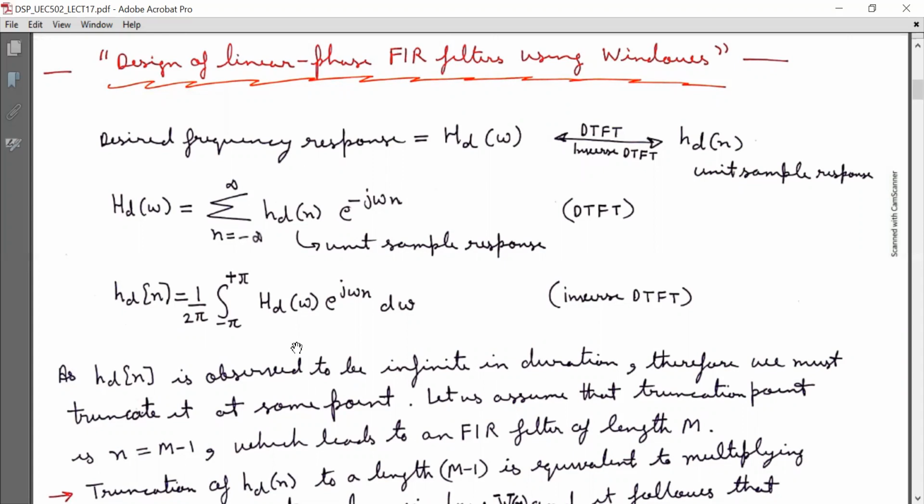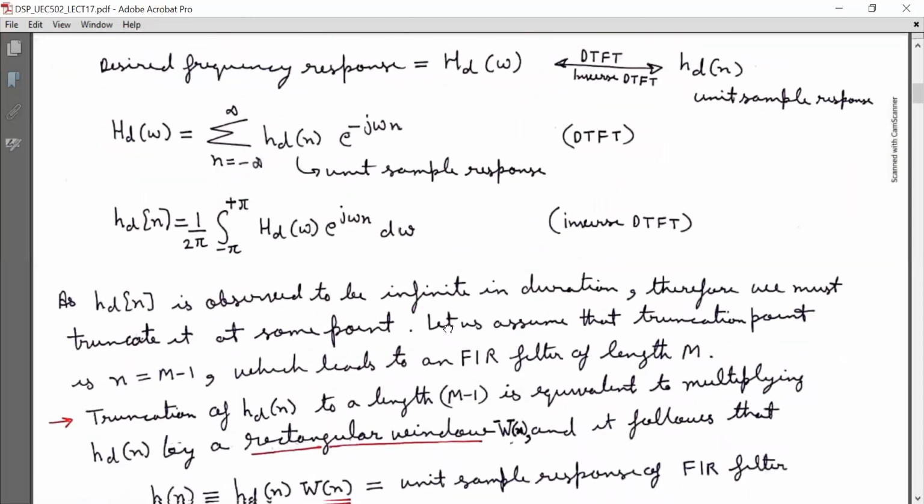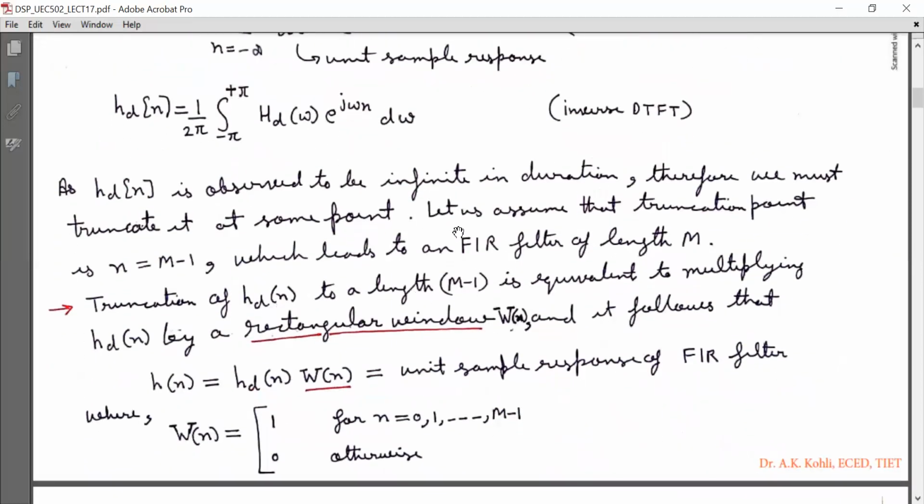Looking at this formula, as hd(n) is observed to be infinite in duration, we must truncate it at some point to make it realizable. Let us assume that the truncation point is n equal to M minus 1, which leads to an FIR filter of length M, as discussed in the previous lecture.